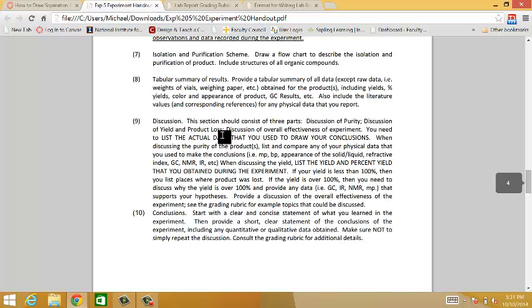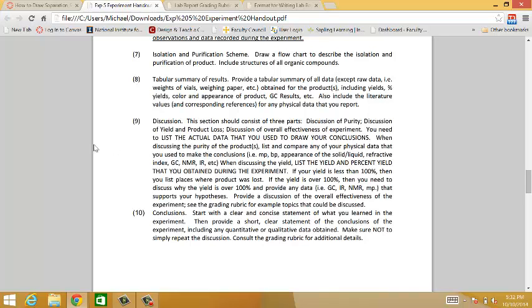Now let's discuss the results. In the discussions, always have three parts: purity, yield, and then overall effectiveness of the experiment. One thing to stress is that whenever you discuss yield or purity, tell me the data that you're actually using to draw your conclusions.